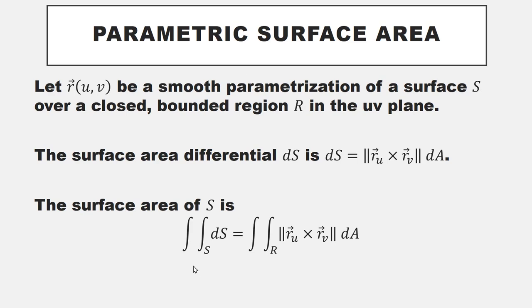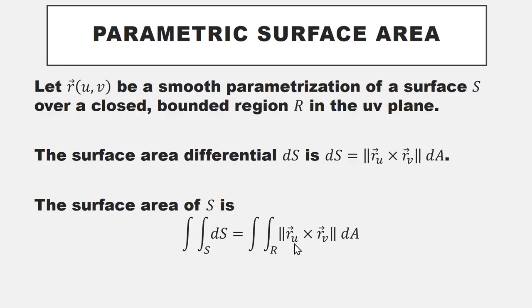Well, the surface area is the integration, again, of this surface area differential with a 1 in front. It turns out if I change my integration from integrating over the surface to integrating over the bounded region R in the UV plane, then the surface area differential, dS, changes into the magnitude of the cross product of R sub u and R sub v times dA.